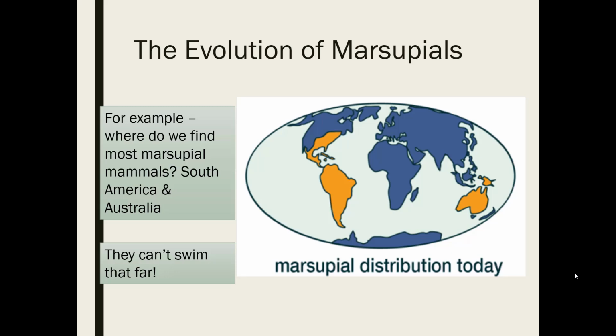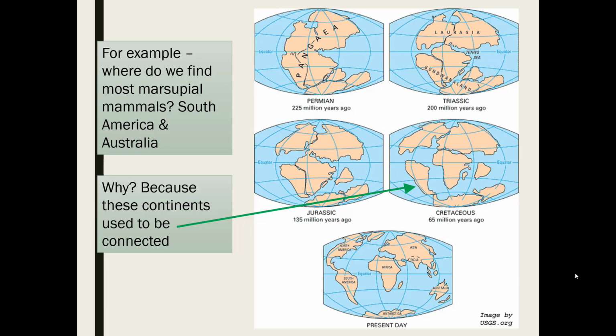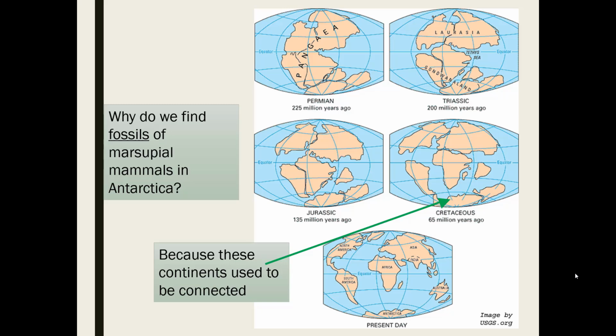They cannot swim that far. How do we explain that distribution? Well, if you look at the history of continental drift, you can see that although South America and Australia are very far apart today, they once were connected about 65 million years ago, give or take. And that's when these mammals evolved.